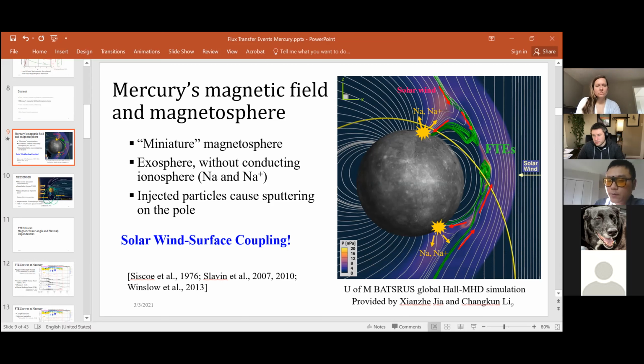I think that will require very high time resolution of particles, both time and spatial pitch angle resolution. Another thing is that we only have one spacecraft, so it's really difficult to determine if there is reconnection at high latitude and near the dayside magnetopause. So that's a really good question, but I don't have the answer.